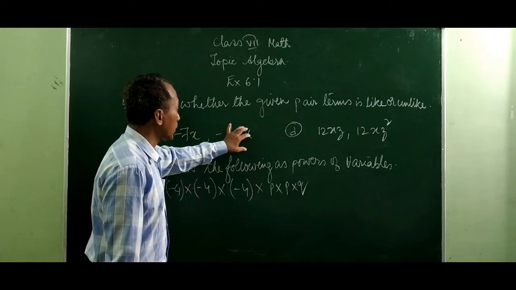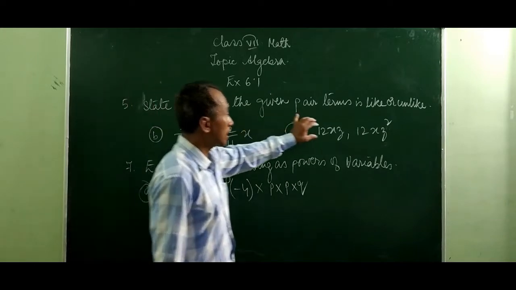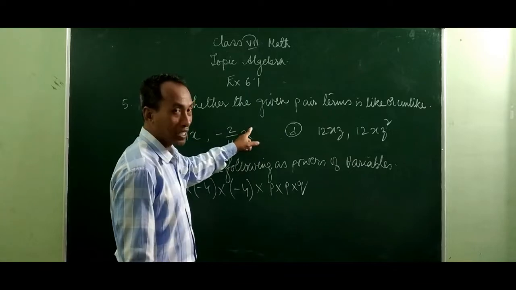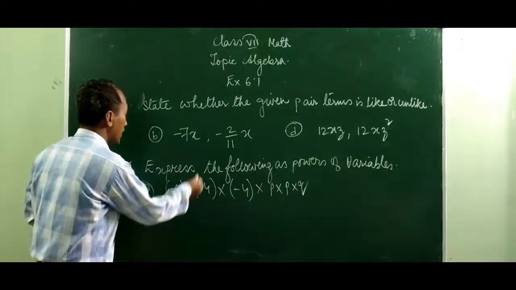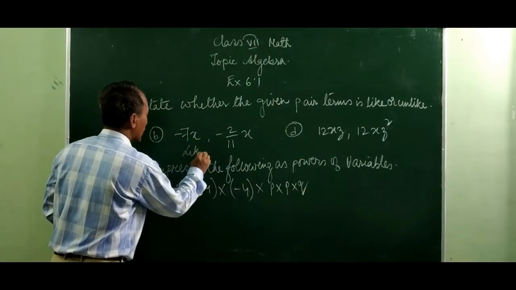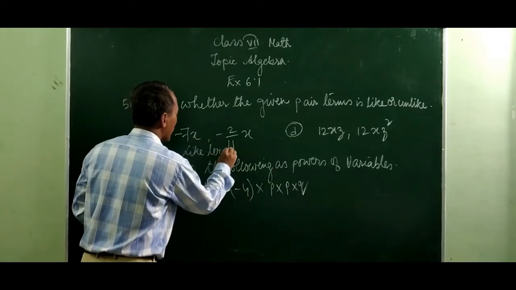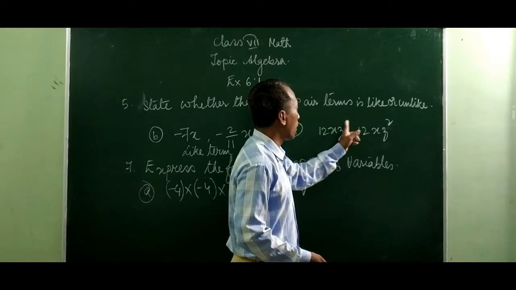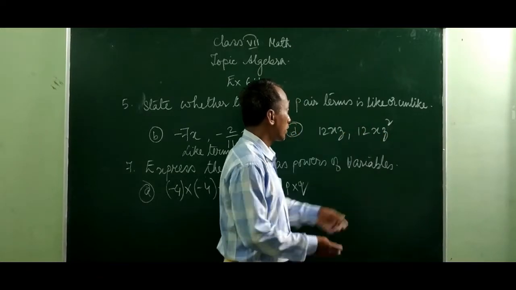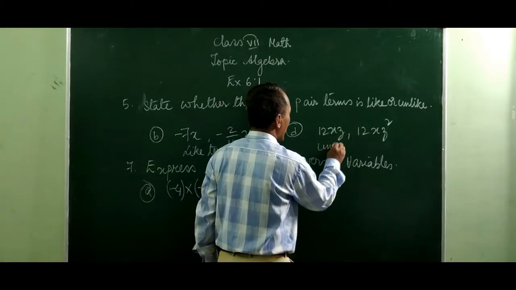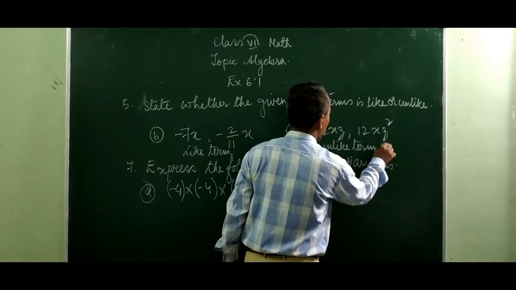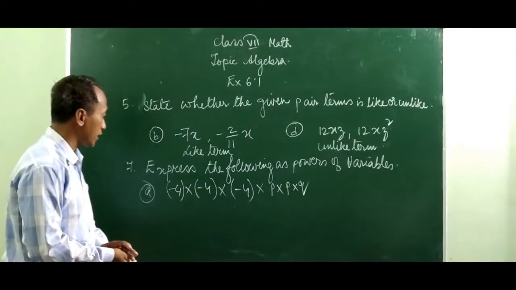You should not see only the variable, but you should see the power also. Here variables are same, powers are also same, so it is like term. Here the variables are same, but the powers are not same. So this is unlike term. The rest of it you can do as your homework.